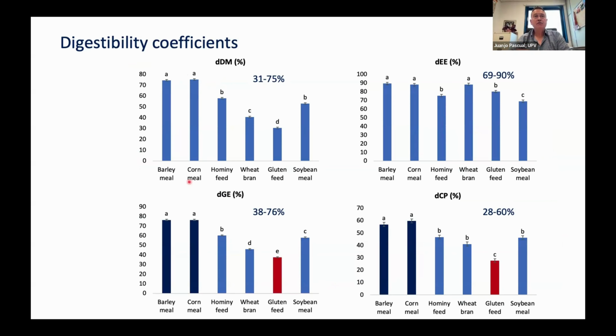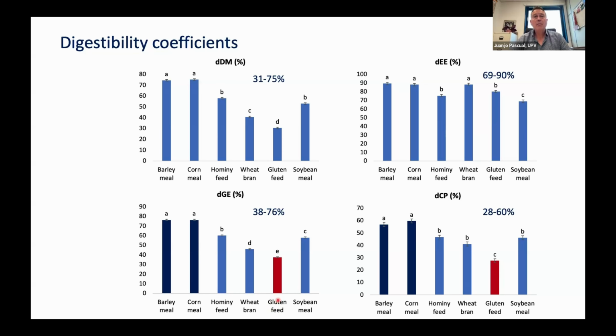Something interesting: the digestibility of dry matter and energy is quite similar. This could make it easy for us to estimate the digestibility of energy in the future. And while in cereals, for example, the digestibility of gross energy is close to 75%, in the case of other sources like corn gluten feed, the digestibility doesn't reach 40%.